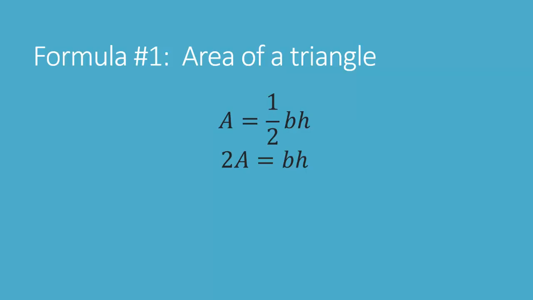Now that we've already got height all by itself on one side, we need to get rid of the base, the b. So to do that, we divide both sides by b. In this way, we get divide by b on the left, divide by b on the right, so our equality is still holding. But now our b's, because we have a b on the numerator and the denominator, they're going to just cancel out.